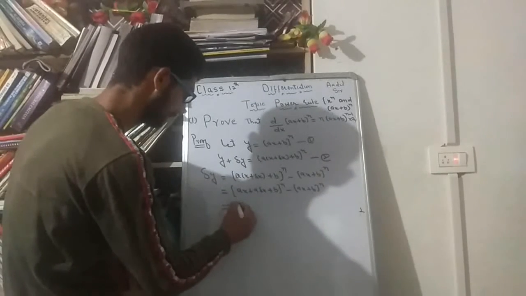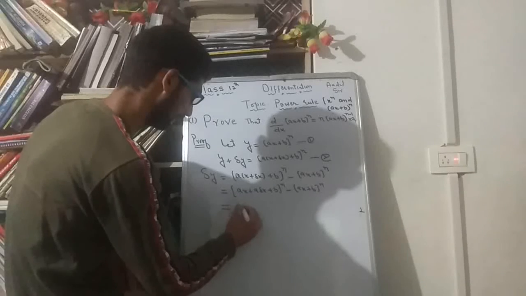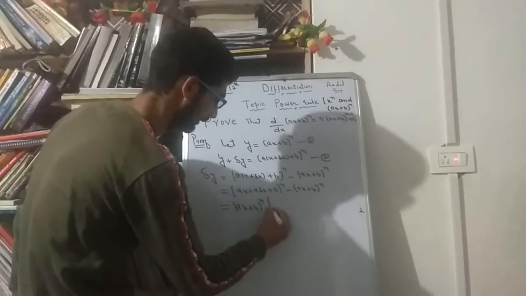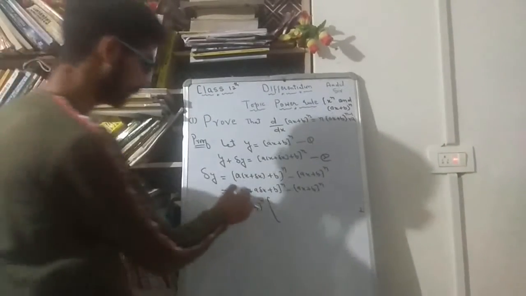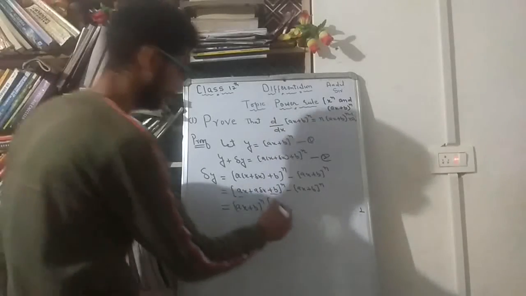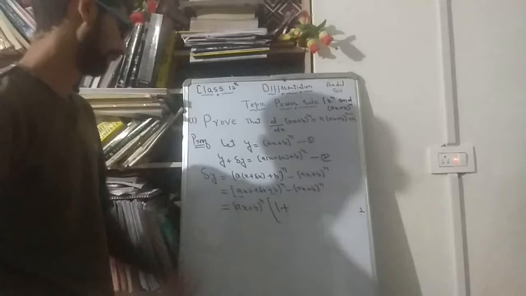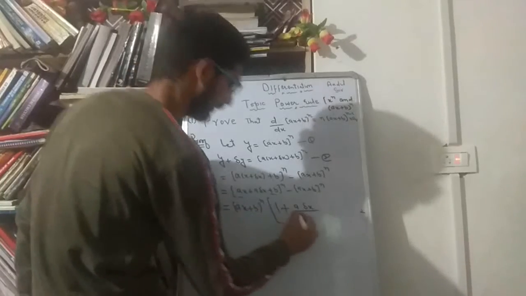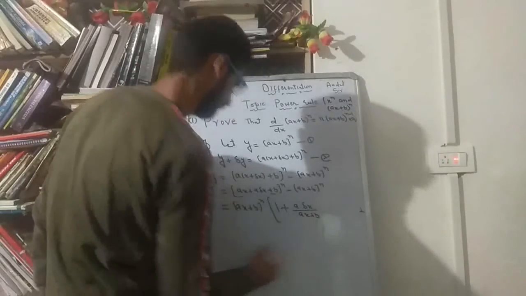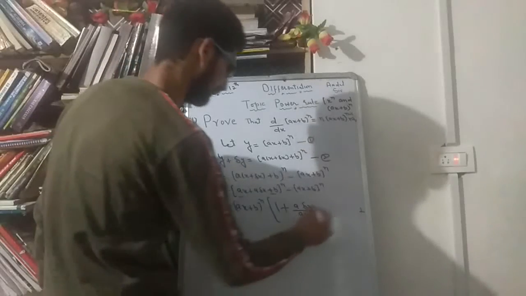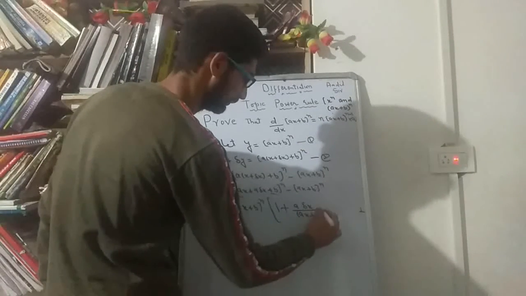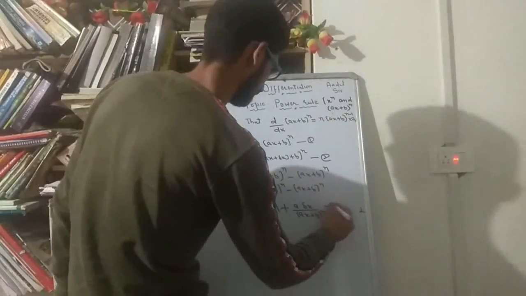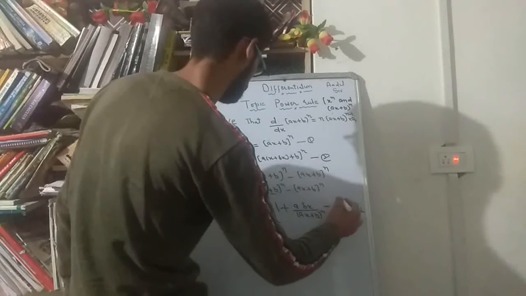So it will be (ax plus b) raised to n, and then inside it, from these two we have made them common, so it will be (1 plus a del x divided by (ax plus b)) raised to n, and then minus 1.